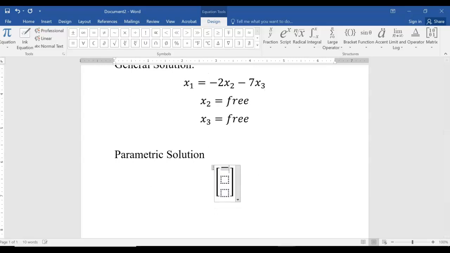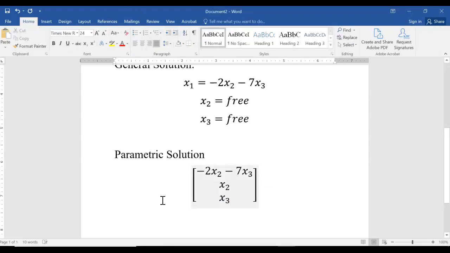The first entry is going to be negative 2 x2 minus 7 x3. The second entry is going to be the x2 entry. And the third entry is going to be whatever you choose for your x3 entry. Okay? So that's what it's going to look like.